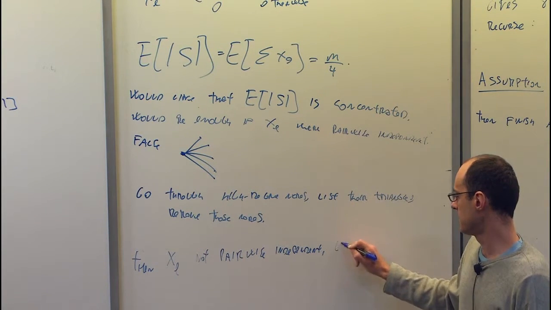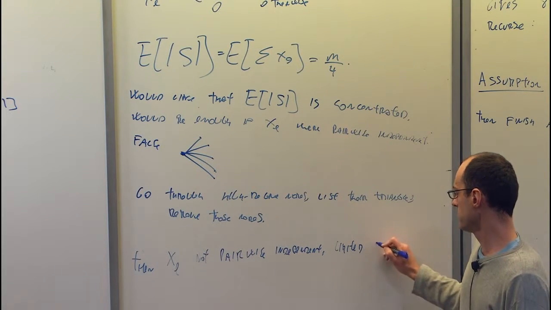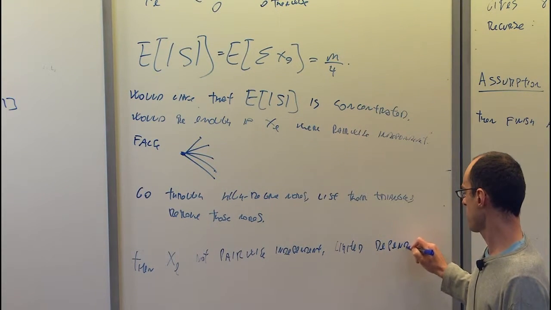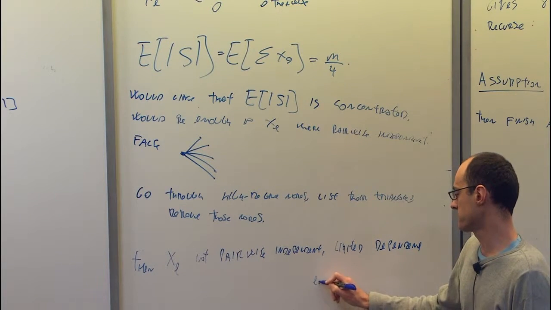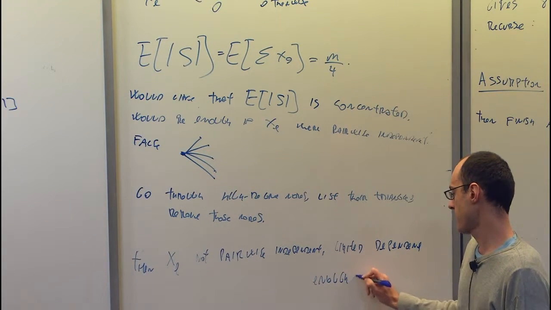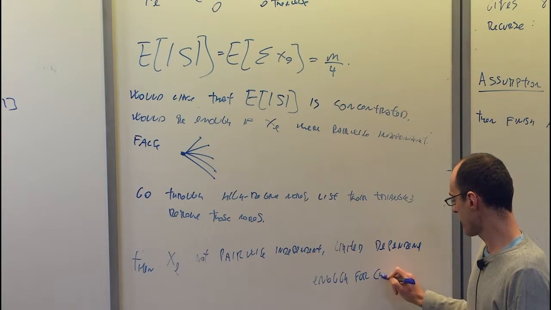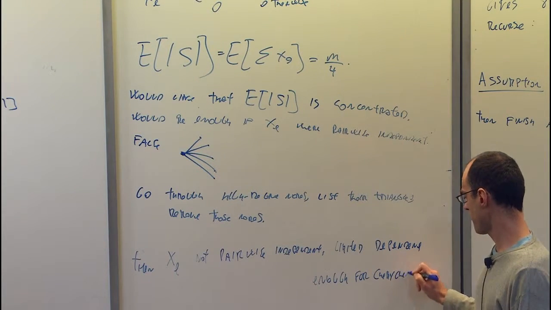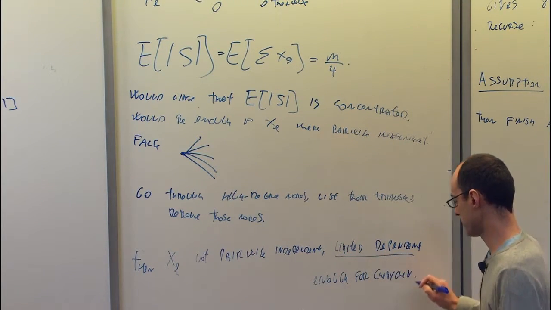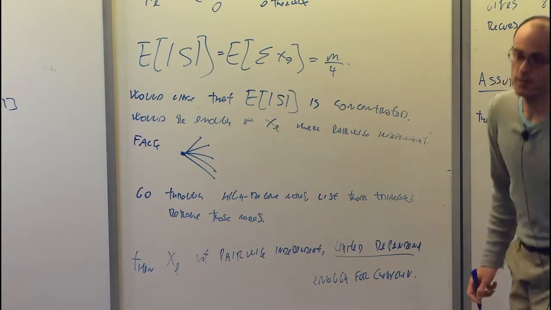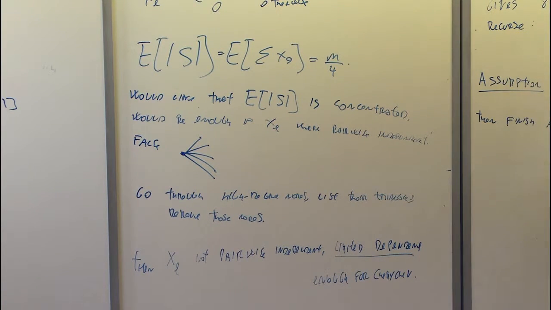But limited dependence is enough for Chebyshev, and gives you the concentration that you want. And if you want to make this deterministic, you can use a standard almost pairwise independent sample space and go through every seed and try every partitioning and pick the best one.